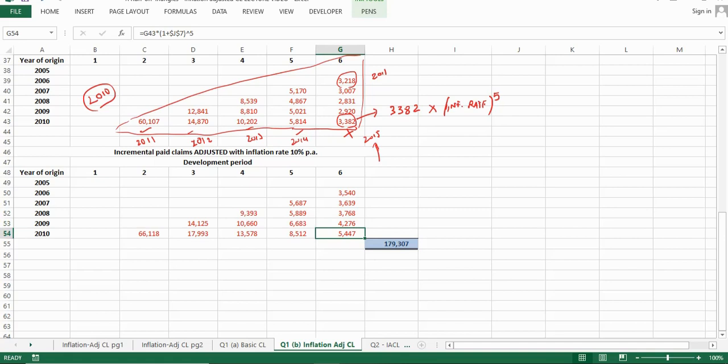When we add all these, we obtain the reserve which relates to unpaid claims, with the assumption that we have an explicit allowance, an explicit assumption, of the inflation rate. Okay, good.